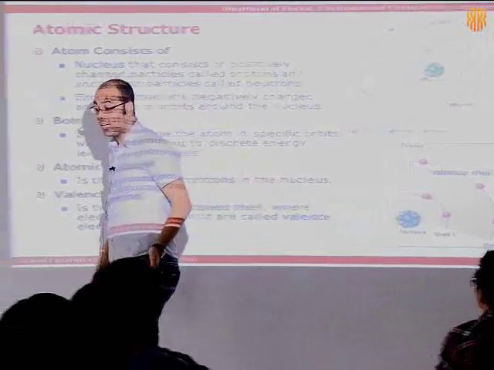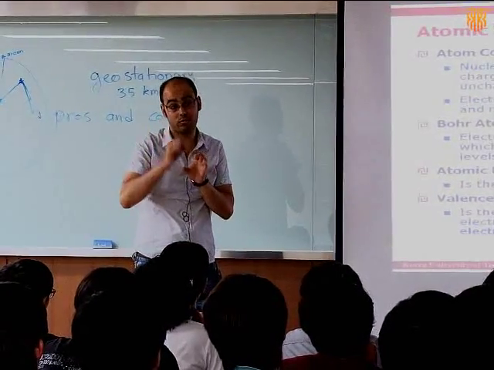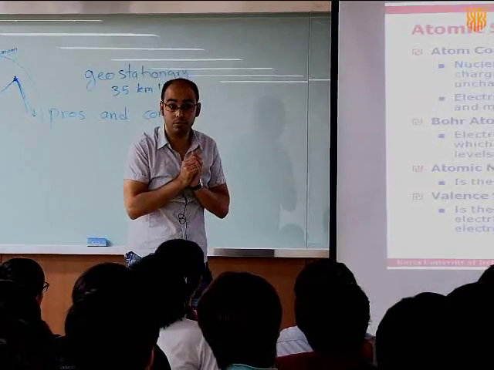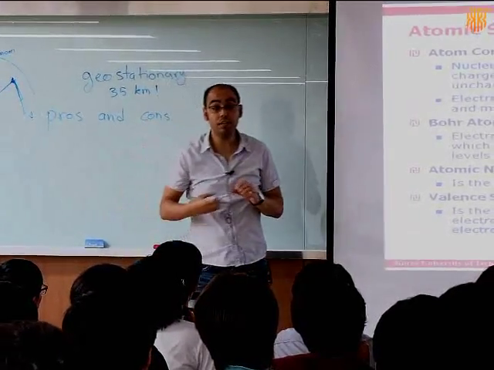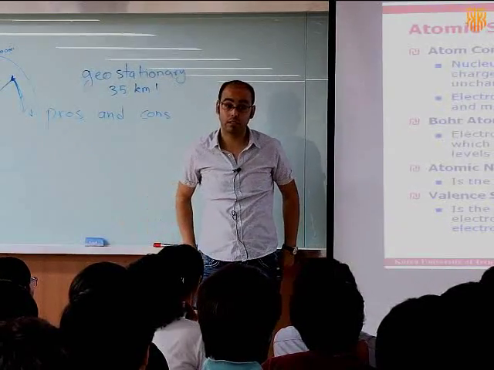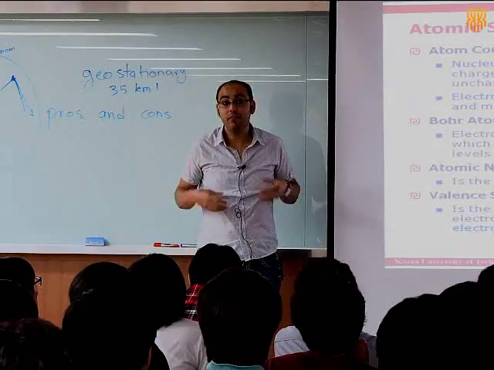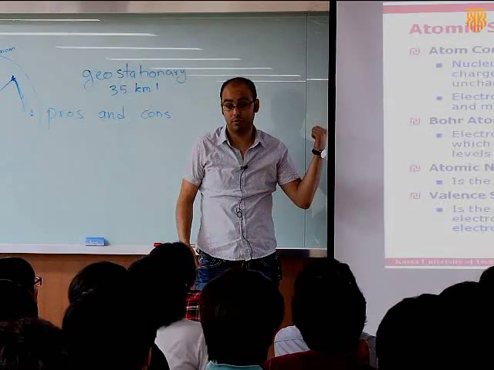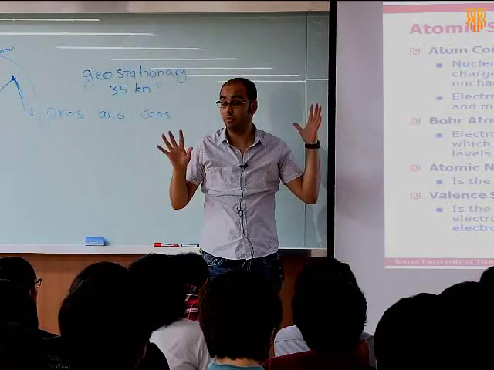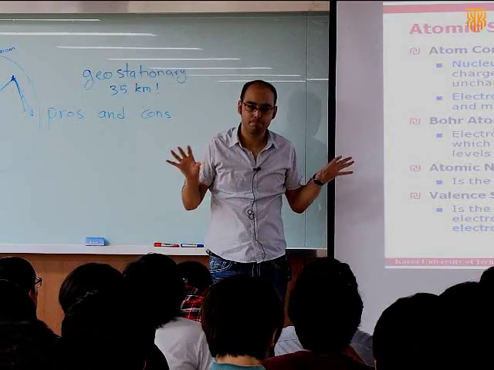The electrons are attached to, or circle, the nucleus, but if we give energy to the electrons, they can go out and leave the influence of the nucleus. Okay? Fine? So it's the same idea.